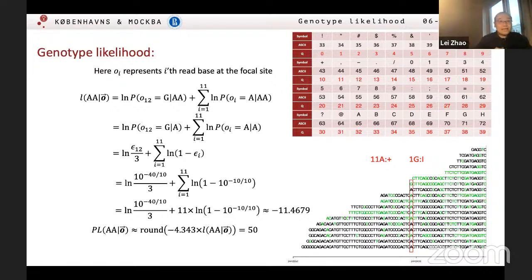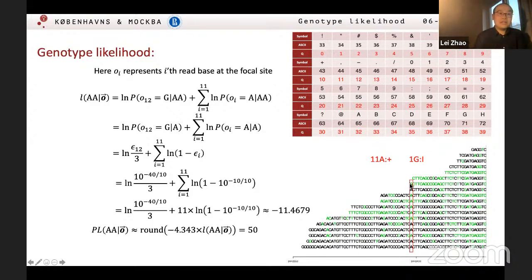And maybe I'll give you an example of how to calculate it in a specific case. So now I know that there are 11 A and just 1 G. And let's assume that all these 11 A got the quality score plus. And let's check the plus. Plus corresponds to the Q score 10.